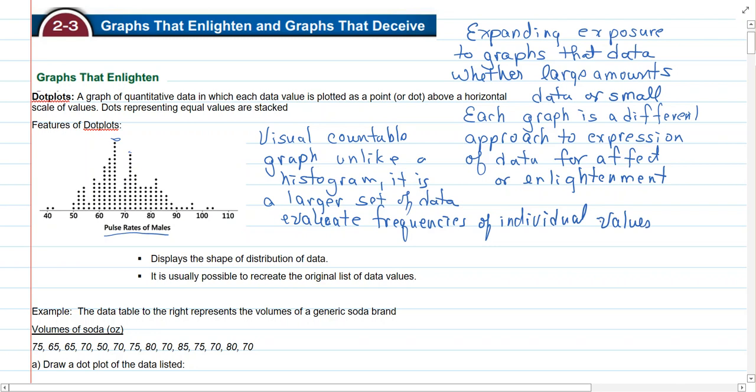So we can see the repetition of a specific number or determine one that we want to evaluate. It displays the shape of the distribution of data. That is true. It is usually possible to recreate the original list of data because it's by data value.